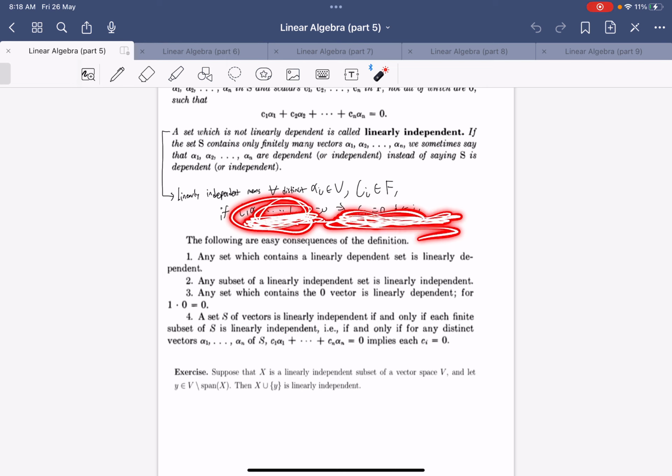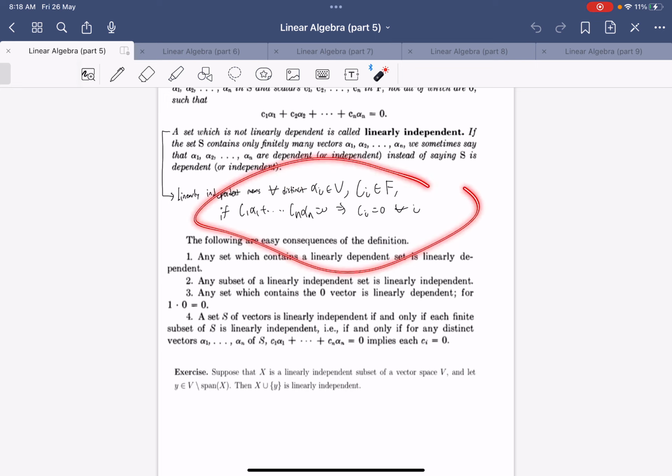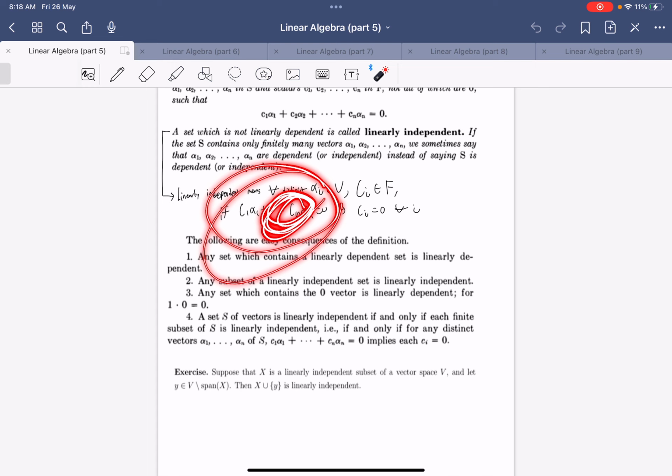Then this part will be the non-zero portion, and everything else can be 0, so it is still overall not all 0. Any subset of a linearly independent set will be linearly independent as well. So if you have fewer vectors inside a linearly independent set, it will of course be linearly independent.